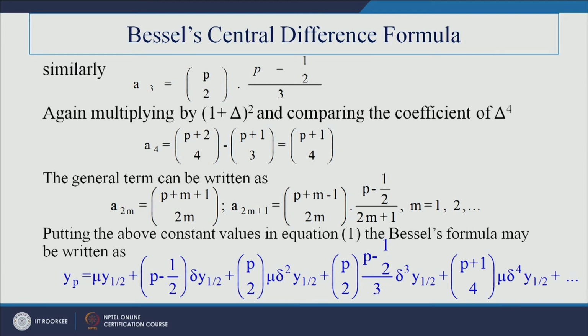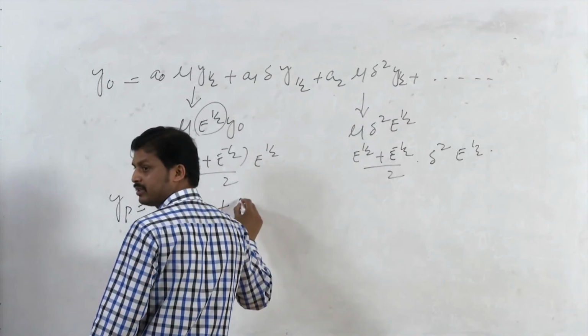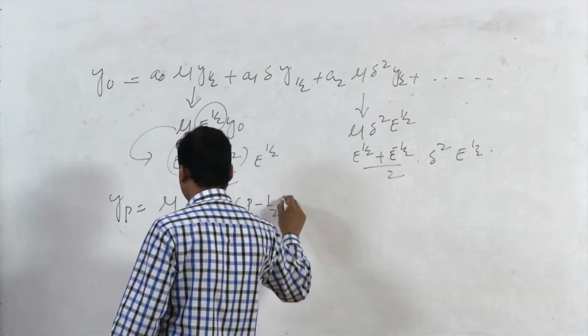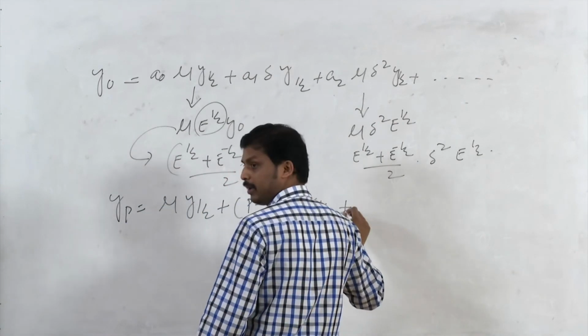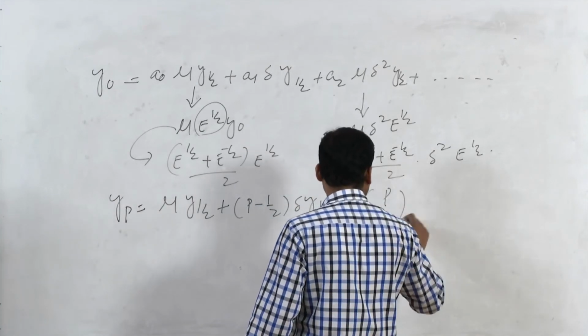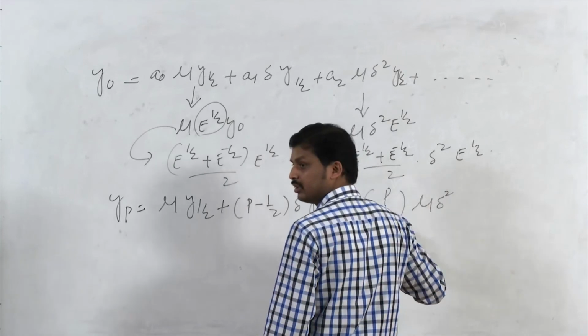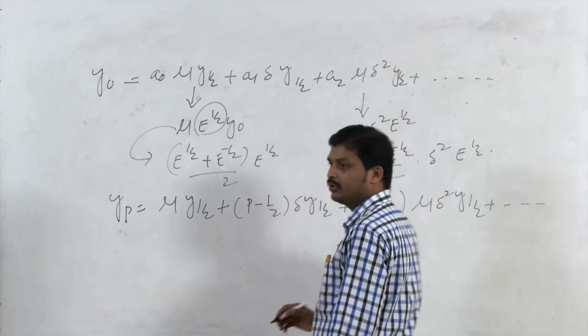And if we put all these coefficients in and rewrite this formula, the formula can be written in the form of yp equals mu y of half plus p minus half delta y of half plus p to mu delta square y of half. So, likewise we can write.